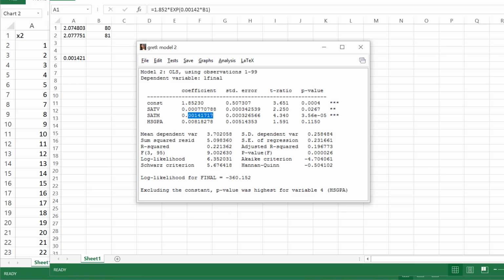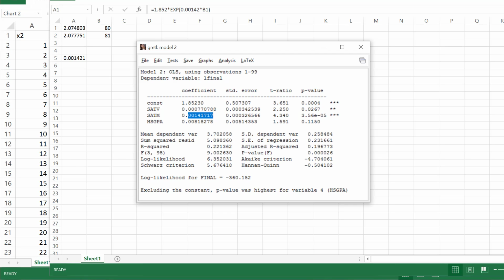So for example, if the final result is 100 and SAT-M increases by 1 unit, then we expect the final result to go up by 1.4% or 1.4 points. And that's the interpretation of these parameters. Increase x by 1 unit and y increases by, take this coefficient, multiply it by 100, and that is how many percent y will increase.